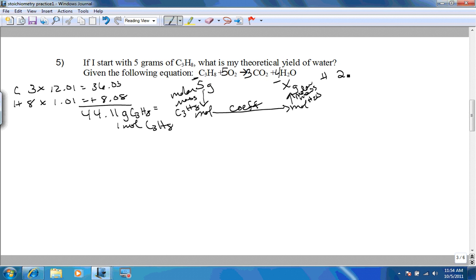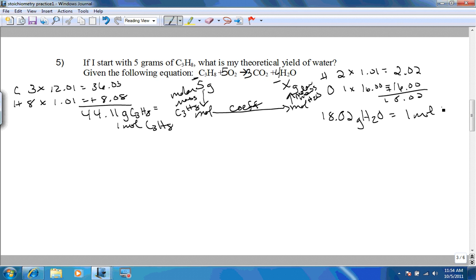We have 2 hydrogens at 1.01, and we have 1 oxygen at 16.00. So 2 times 1.01 is 2.02, and 1 times 16 is 16.00. Add those together, and it comes out to be 18.02. That means 18.02 grams of water is equal to 1 mole of water.